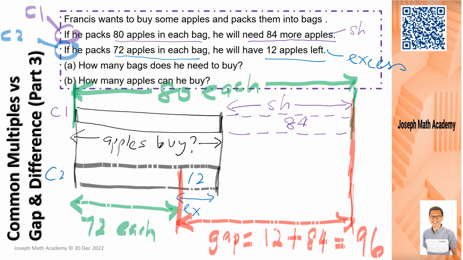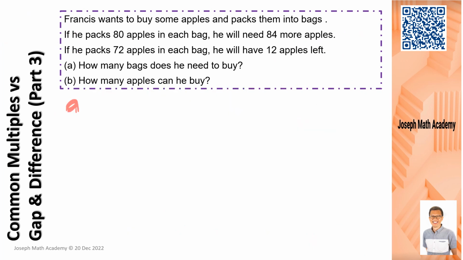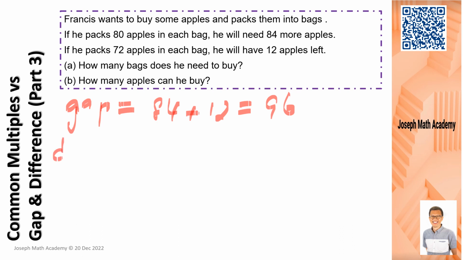Okay, let me do the next. So the gap is 84 plus 12. That is our 96. Then the difference is the different way of packing. So it's 80 minus 72, that gives us 8.